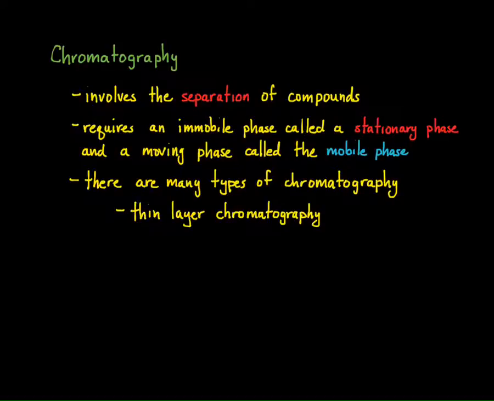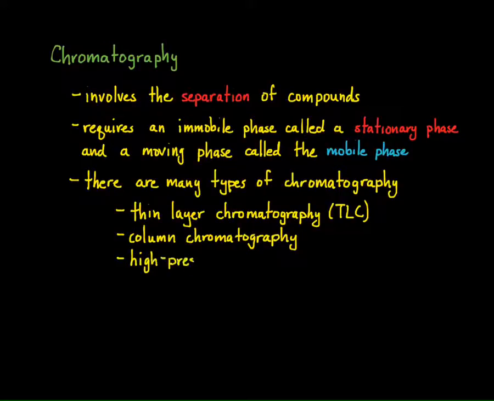We will learn how to use thin layer chromatography later on in the semester. We also have column chromatography. And column chromatography is a way really to purify compounds. You run a big column and you extrude your sample through it.